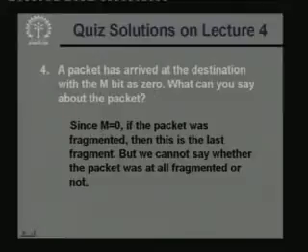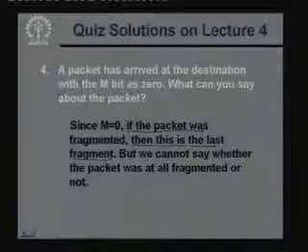So, here there are two alternatives. If the packet was fragmented, then this is the last fragment because M is 0, but if the packet was not fragmented, if it is the original packet in itself, it will anyway have the M bit as 0. So, if the M bit is equal to 0, we cannot say whether the packet was fragmented or not. What we can say is that if the packet was fragmented, then this is the last piece of the fragment. But we cannot say whether it was fragmented or not.